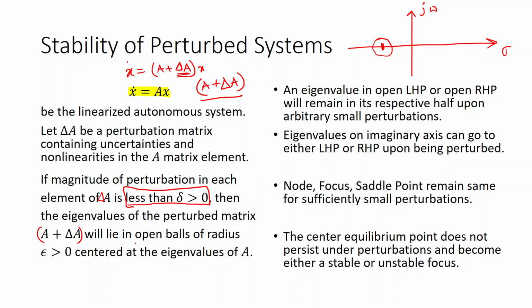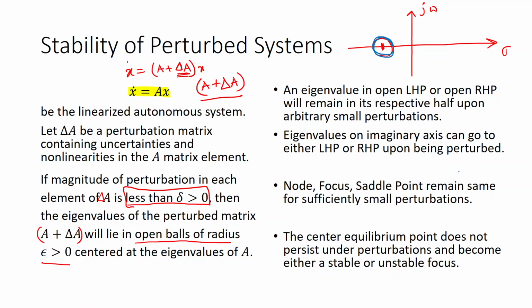So this open ball of radius epsilon greater than 0 centered at the eigenvalues of A means there is an open ball now of radius epsilon centered around the eigenvalue. The new eigenvalue of A plus delta A will be in this region, exactly where no one is telling you, but they are saying that it will be in this region.